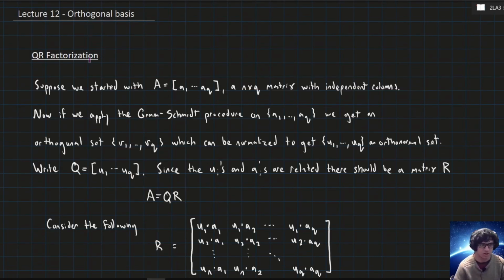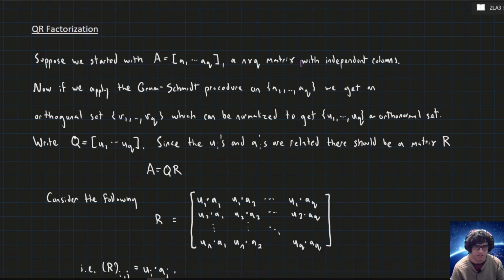Okay, so now we'll talk about a factorization we get out of projections and the Gram-Schmidt process. So suppose we have a matrix A which has q many independent columns. So we can apply the Gram-Schmidt process to the A's to get an orthogonal set, we'll call it V's, which can then be normalized into an orthonormal set, call it U's.